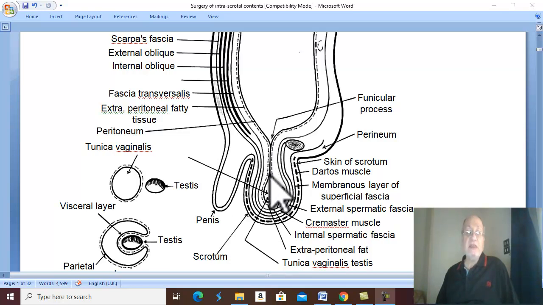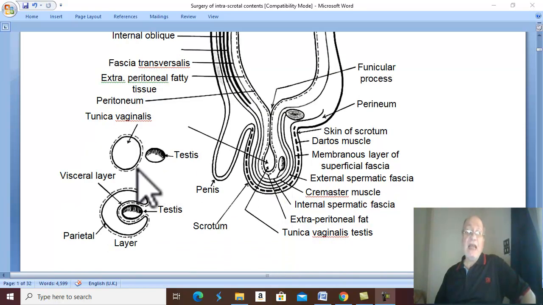The proximal part only obliterates, while the distal part persists as a serous sac. And the testis invaginates this serous sac. This serous sac surrounding the testis is called in adults tunica vaginalis.